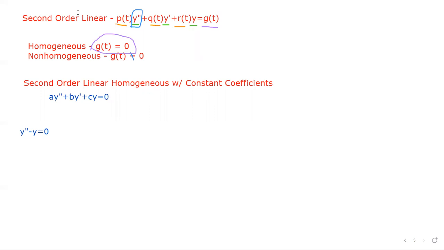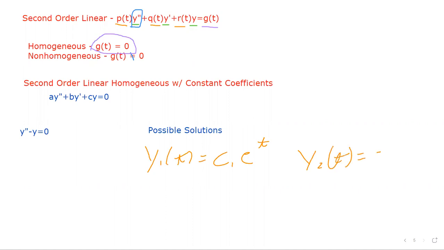So possible solutions: we could have a y1 that's some c1 e to the t. The other one, y sub 2 of t, is c2 e to the negative t.